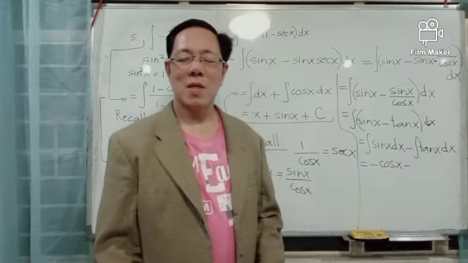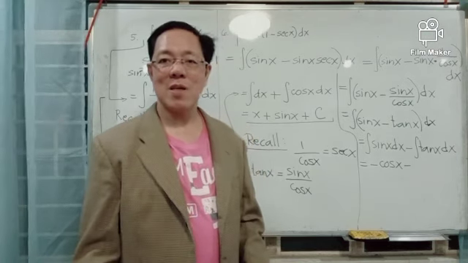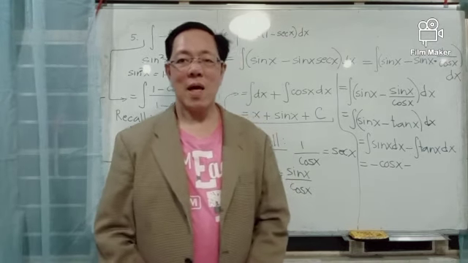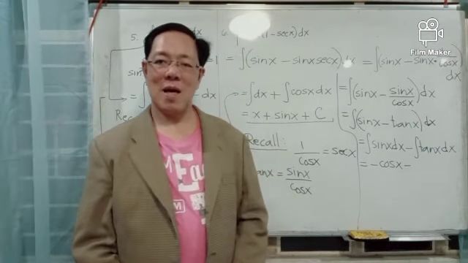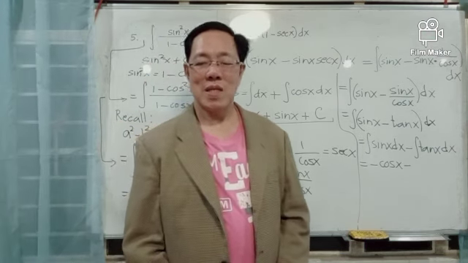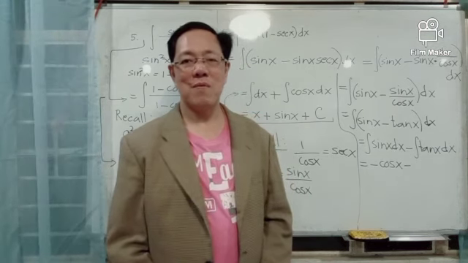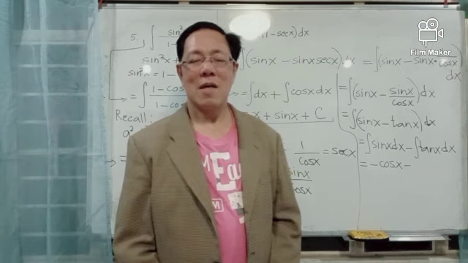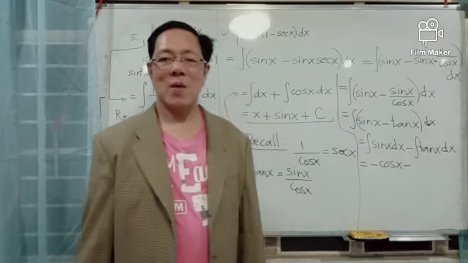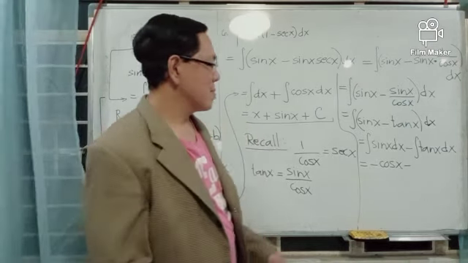And in our example earlier, we have shown that the integral of tangent x is either equal to negative ln of the absolute value of cosine x, or ln of the absolute value of secant x. I will use the integral of tangent x with respect to x equals negative ln of the absolute value of cosine x.